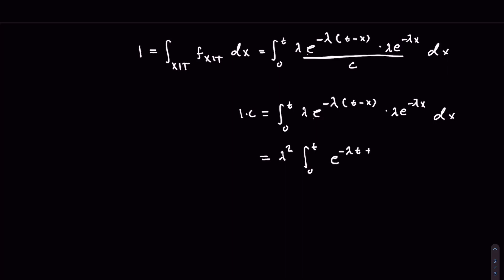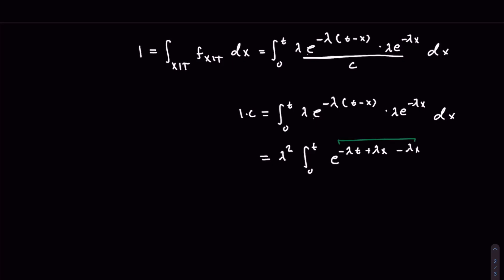So we have plus x, minus lambda x, basically opening up the parentheses.